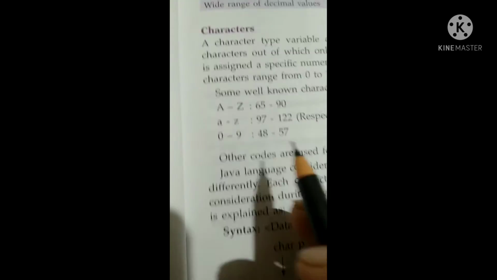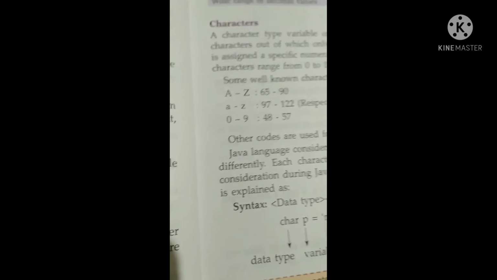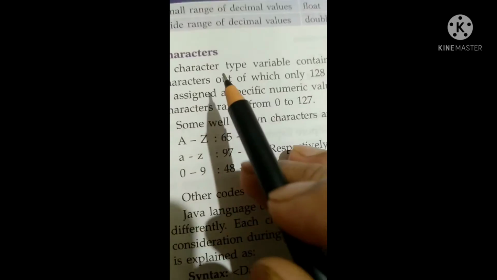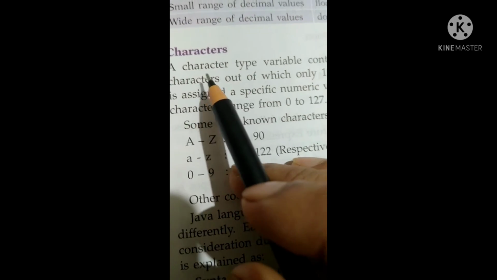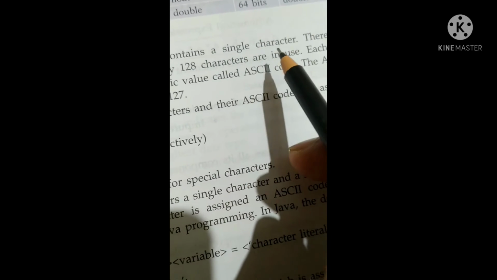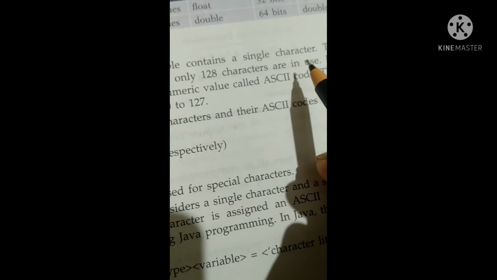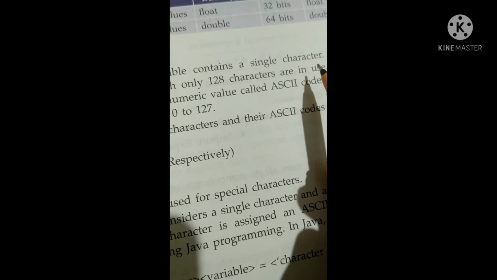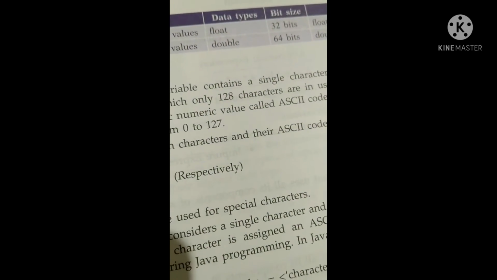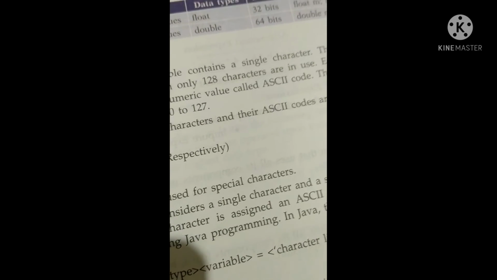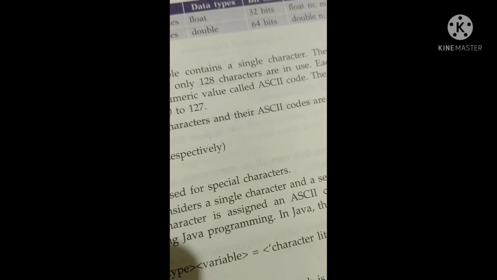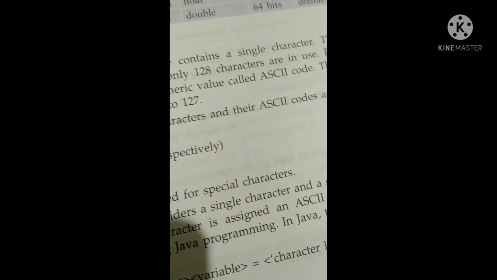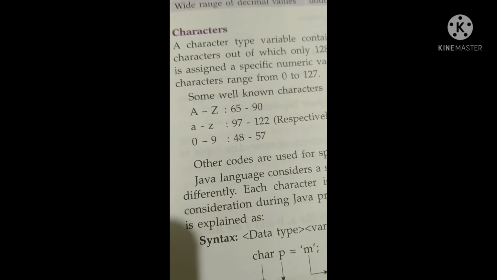Data type: characters. Students, I have told you already, alphabets are called characters. About this we are discussing more here. A character type variable contains a single character, and that will be enclosed within single quotes. Okay, if A is written, then simple A is not accepted as a character. You have to give single quotes, single apostrophes on the top of the letter on both sides, and then it will be called a single character.